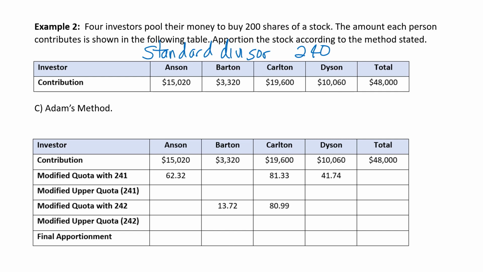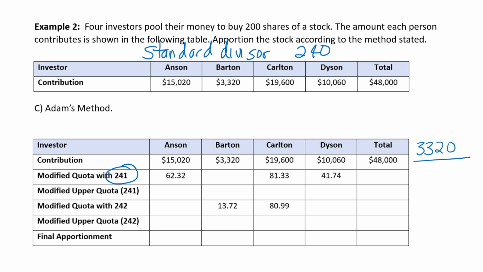In Adams, we find a suitable modified divisor and then add the upper quotas. With Adams, the modified divisor will be more than the standard divisor. This will take a few attempts. So let's first try with 241. That's 1 unit more. In your calculator, let's find Barton's.